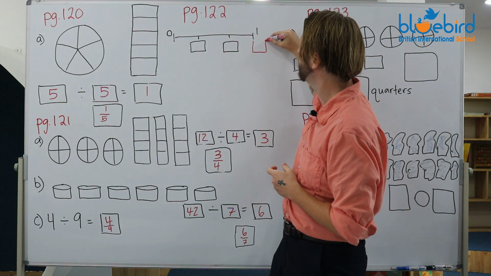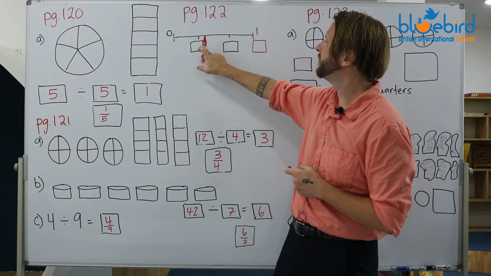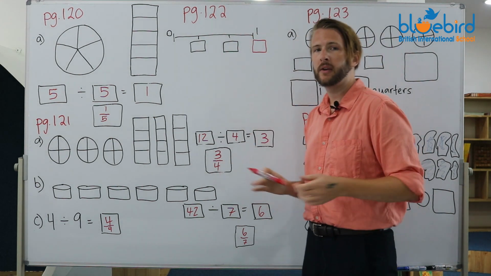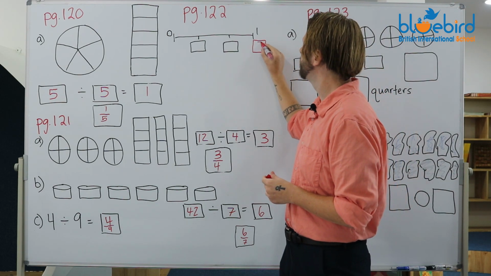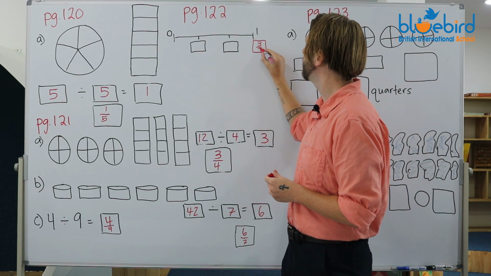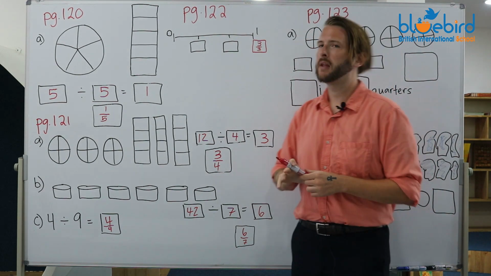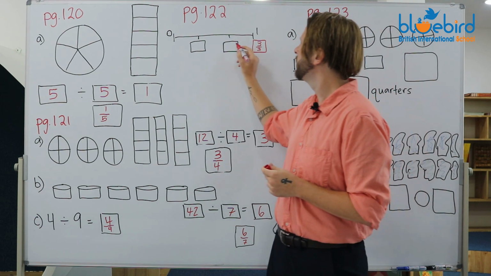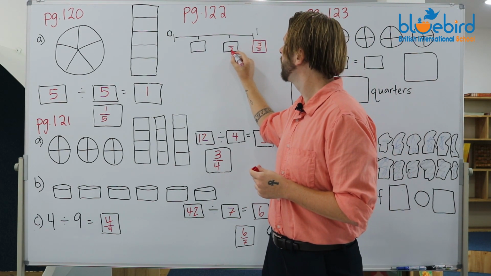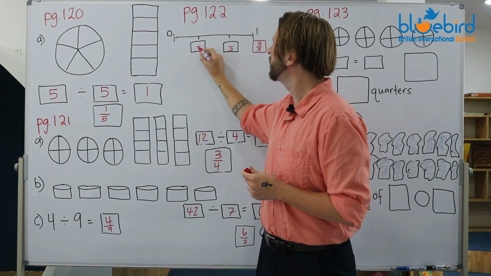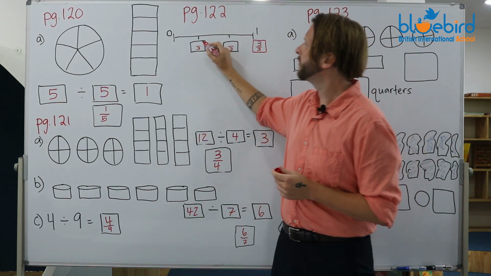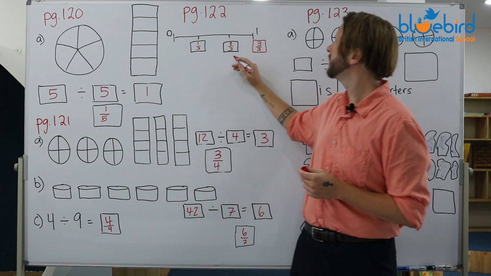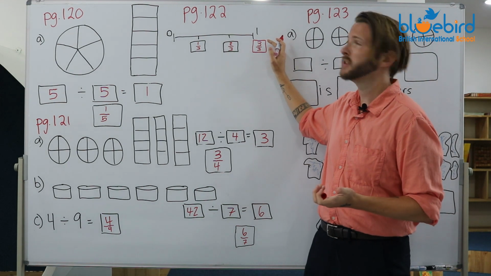So we would have 3 spaces. 1, we know, is equal to 3/3. So knowing that, we can fill in the blanks with all thirds. First we'd have 1/3, and then 2/3, and then 3/3, or 1.